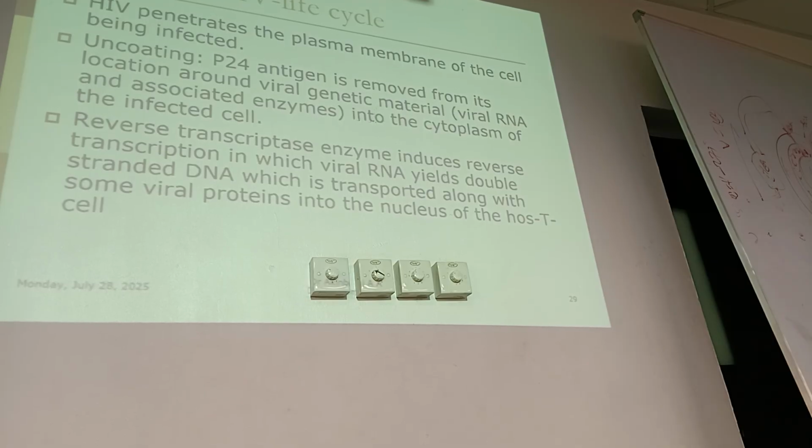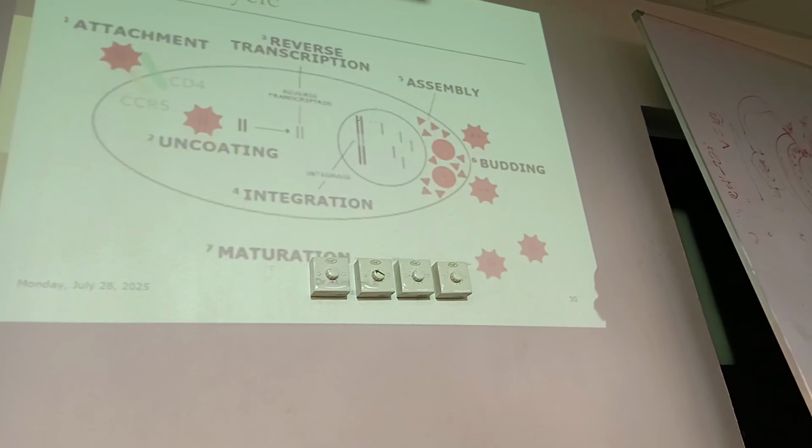Convert the RNA into DNA. So it uses the reverse transcriptase to convert the viral RNA into double-stranded DNA. This is the cytoplasm, and it now moves towards the nucleus, and then it gets integrated into the nucleus.